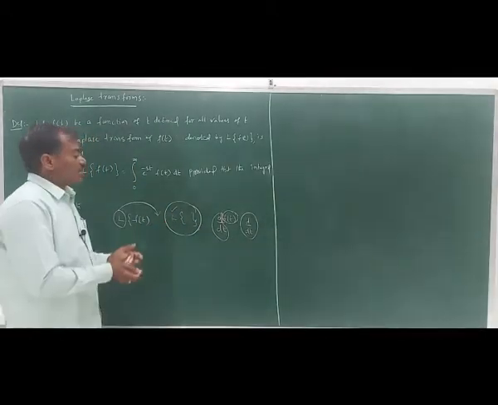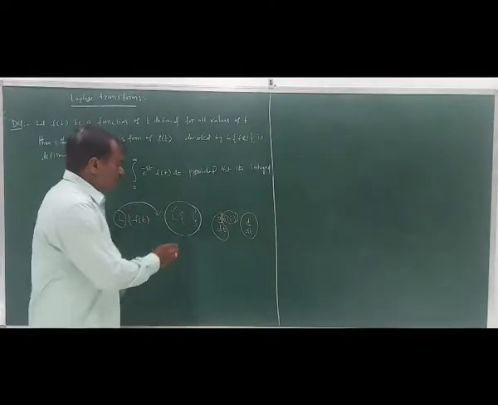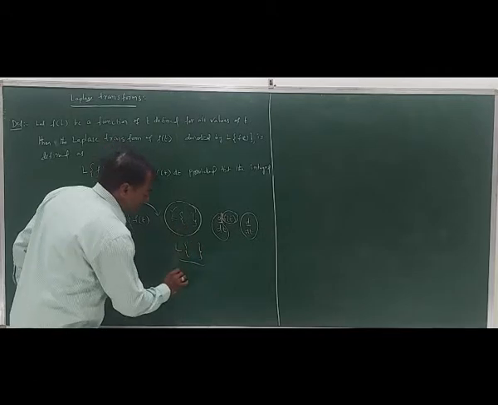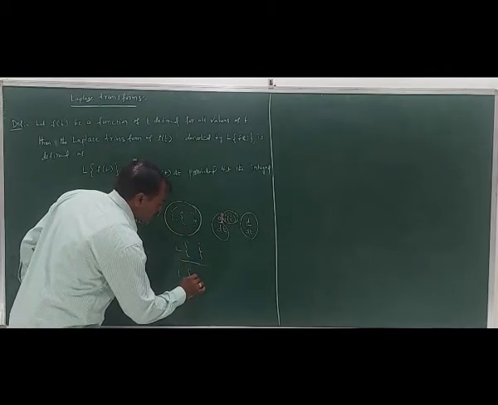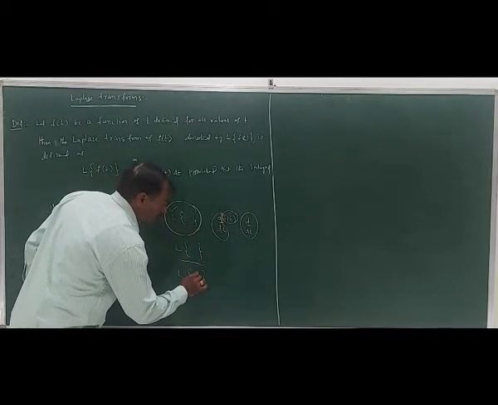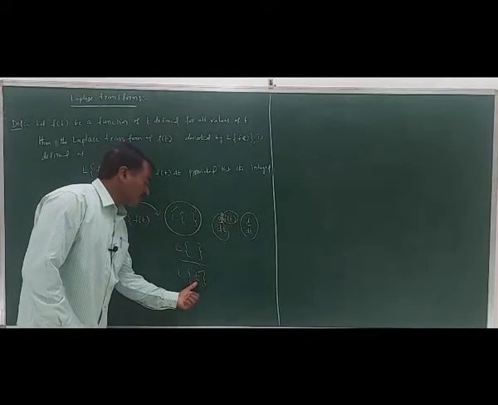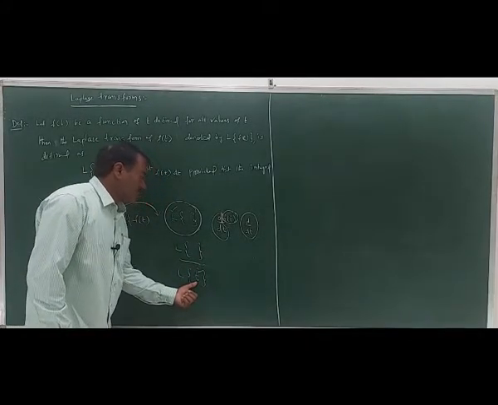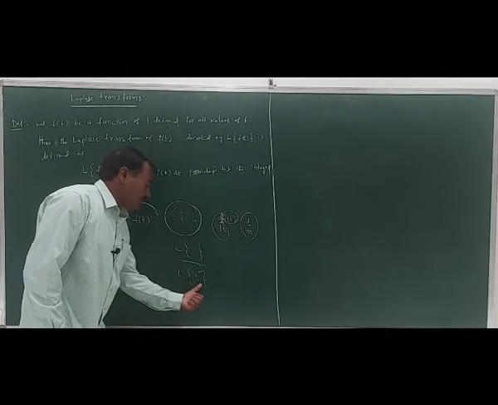Generally, the Laplace transform of a function is denoted by L of this. Example, Laplace transform of t or t square, where this is f of t. Laplace transform of t square is denoted by this symbol.